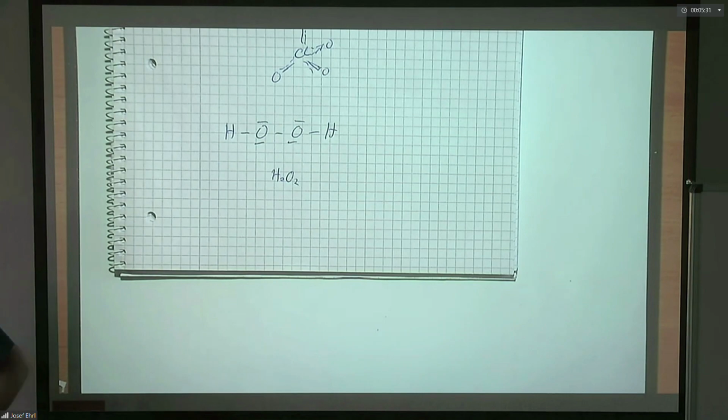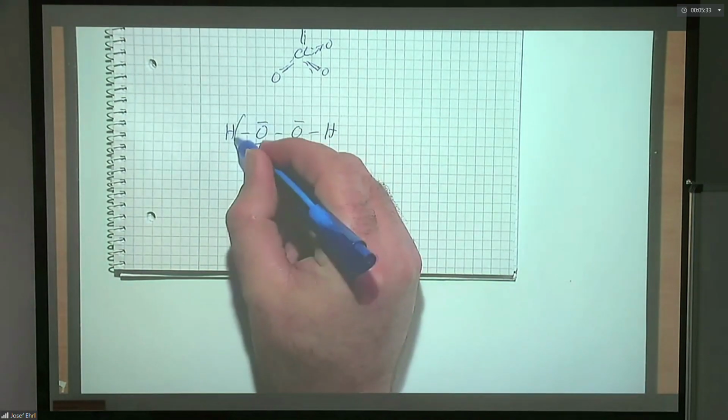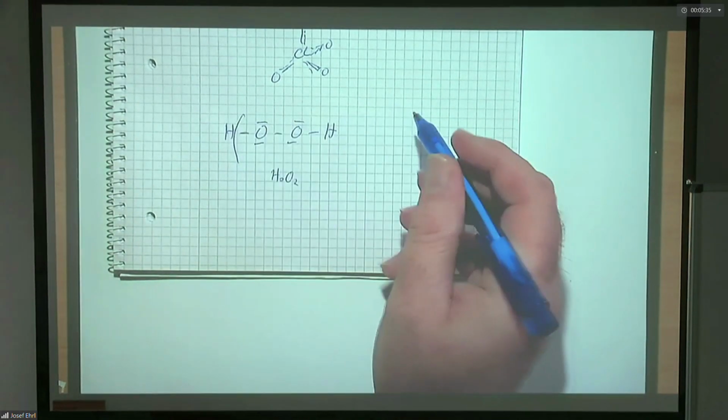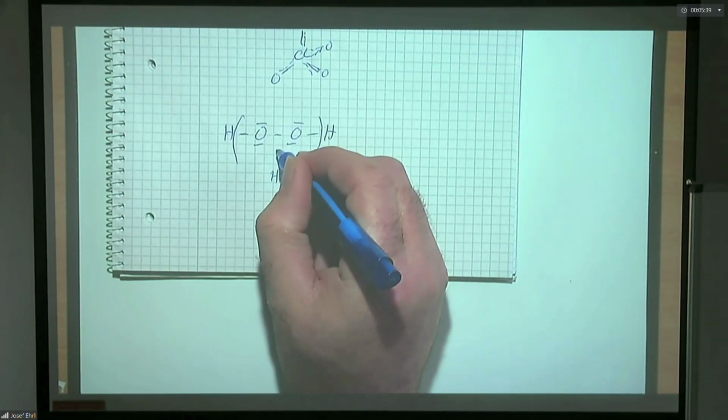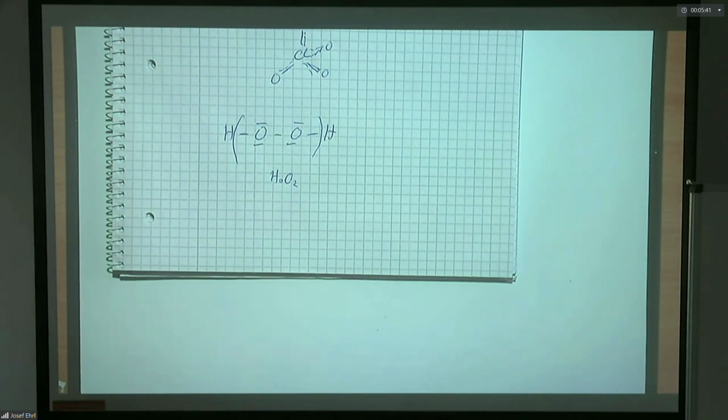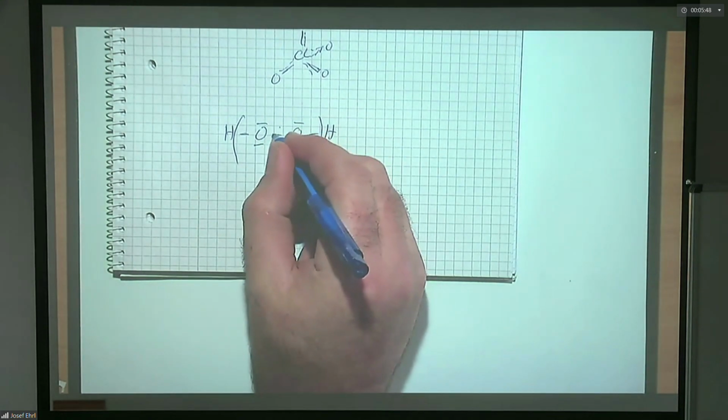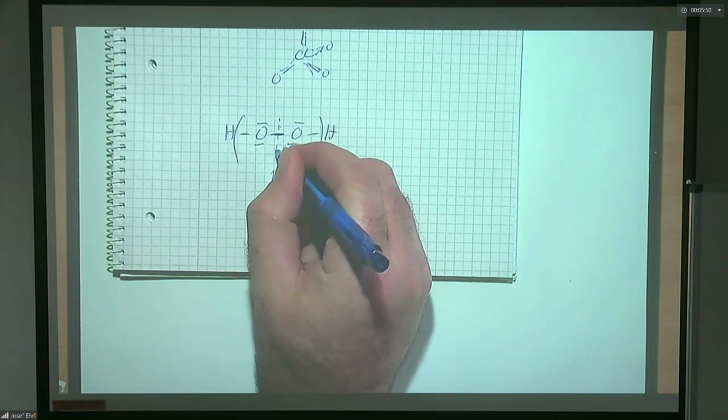So in this case, we would credit oxygen with those two bonding electrons and also those two bonding electrons. But between the oxygens there is a bond between two equal elements, so there is no difference in electronegativity. In this case, the bonding pair would be distributed equally.